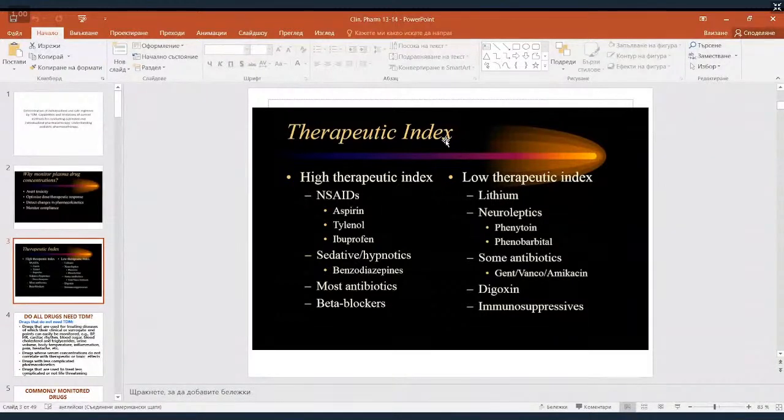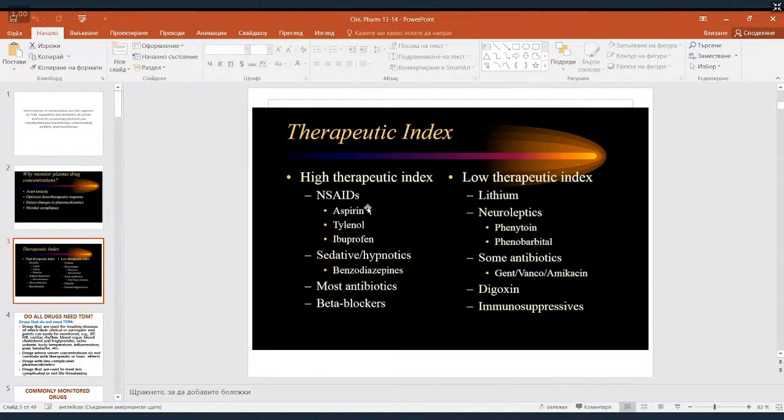So let's say when we're talking about NSAIDs, and acetylsalicylic acid is actually an NSAID, in order to get to the toxic range usually of acetylsalicylic acid, or aspirin, which is the trade name of acetylsalicylic acid, or ASA, we need to have around 10 grams, which is 10,000 milligrams.